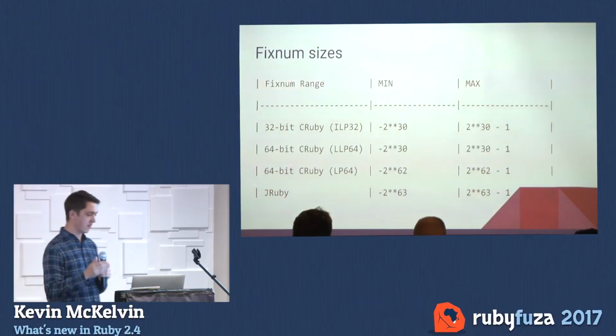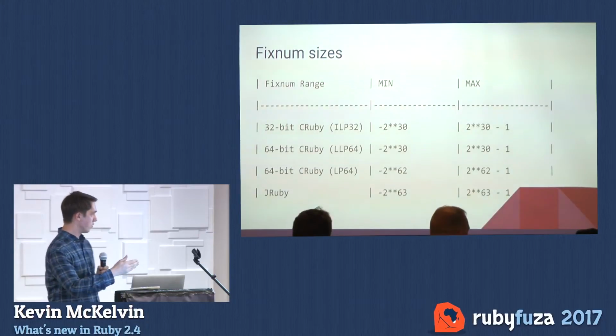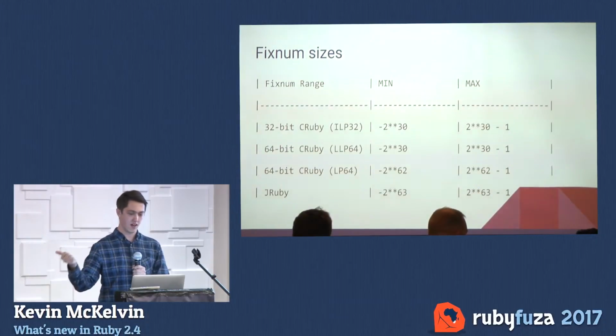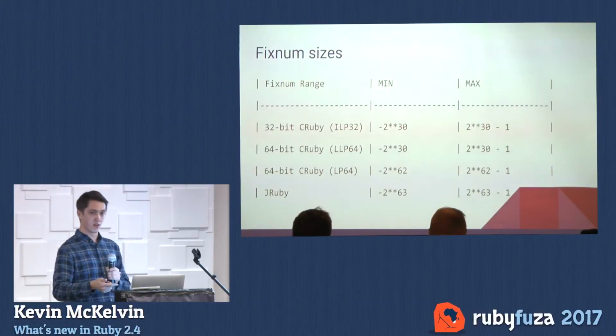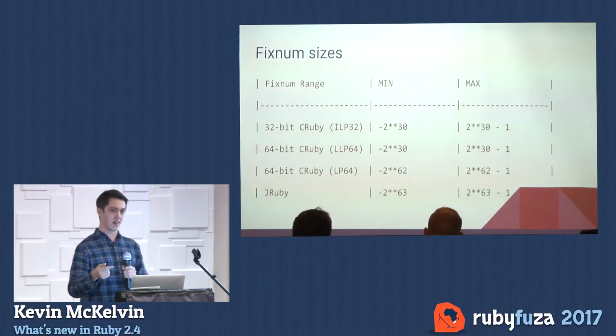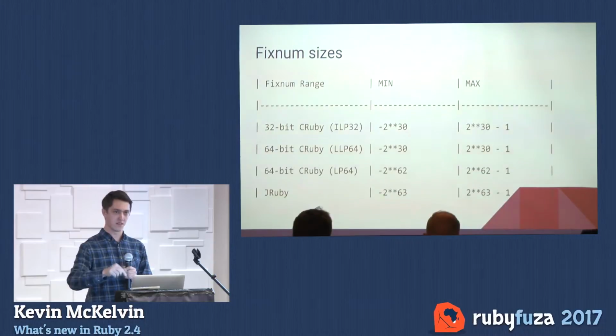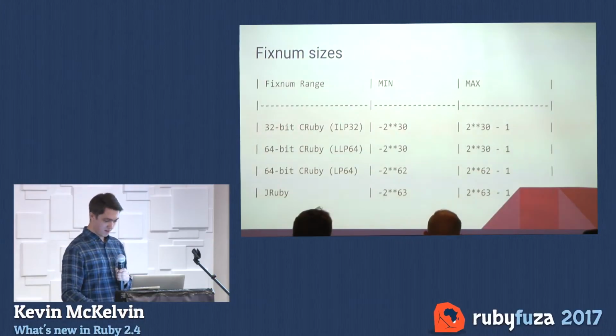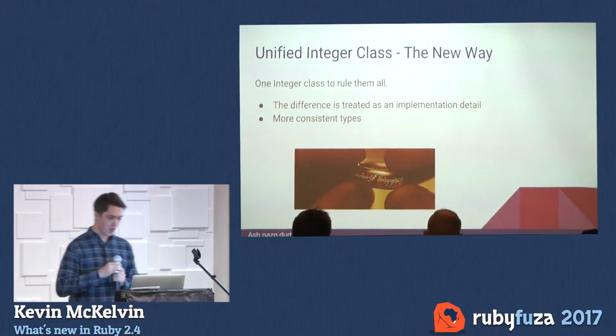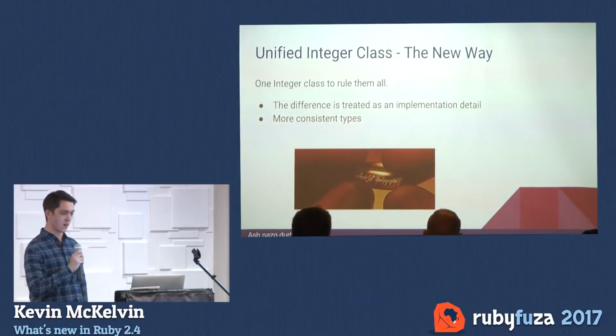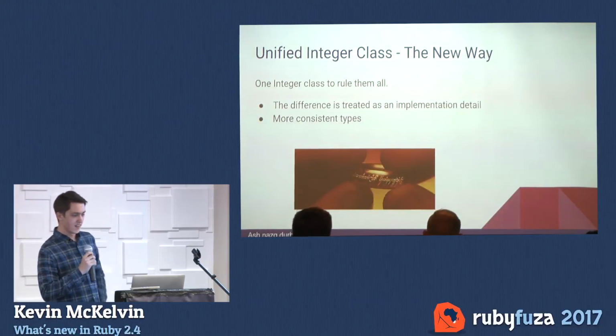You'll notice, by the way, that we don't get the full 64 bits because 1 bit is your sign, and Ruby reserves the other bit to mark that it is actually a Fixnum as opposed to a Bignum in C Ruby. So what we have now is one integer class to rule them all.